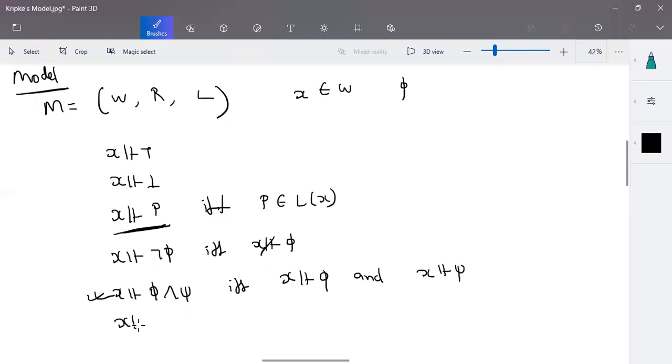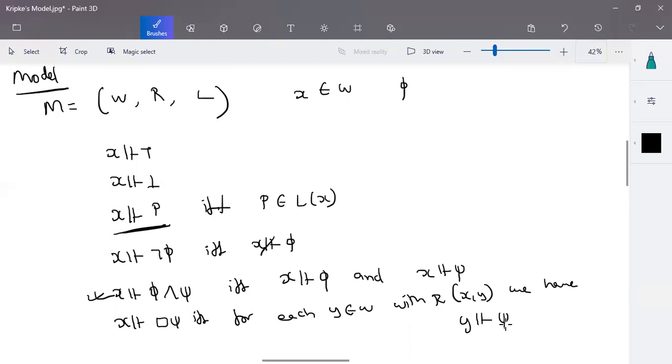If we write X semantically entails this, it means that for each Y belonging to this W, in the world, all the W that are related as X comma Y, we have Y entailing psi.